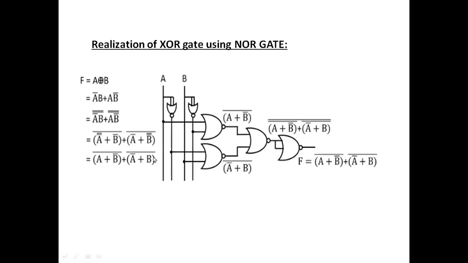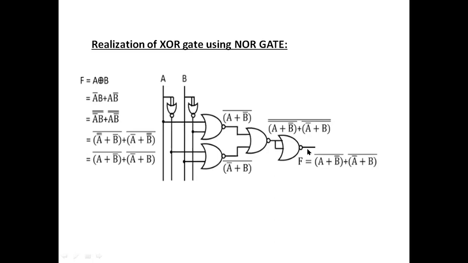Now we have to implement this. So it is A, B bar, NOR, A bar, B, NOR. If you perform a NOR operation between these two, your answer is going to be this. We don't want the topmost complement over here.